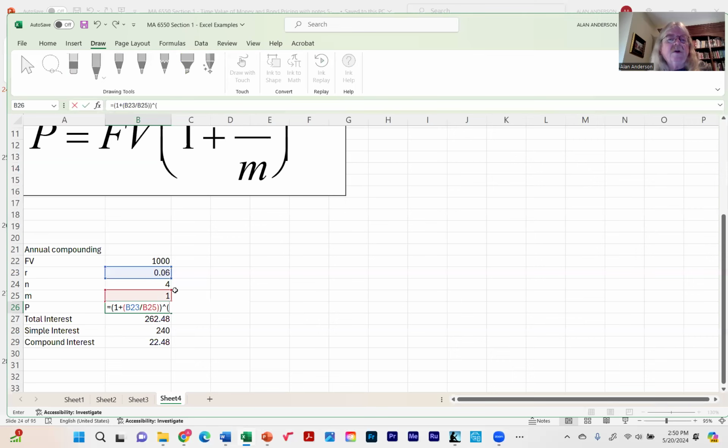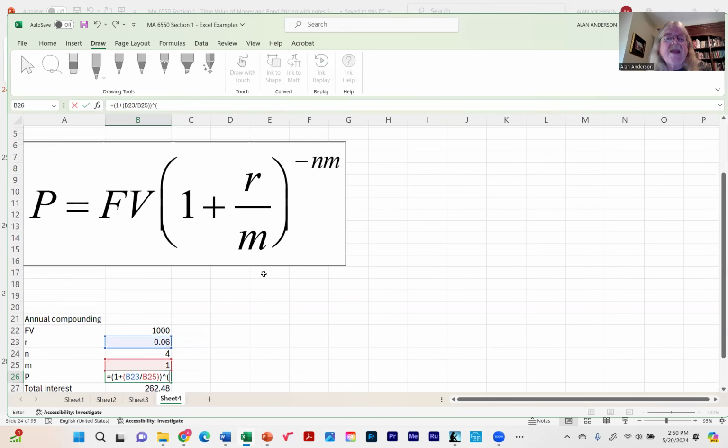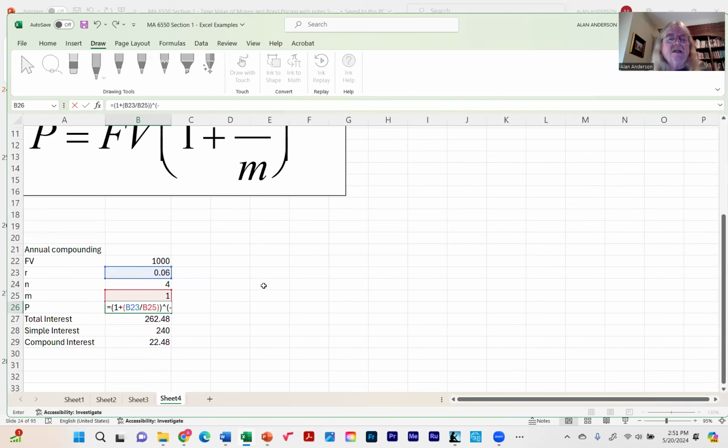The exponent is the ratio R over M, negative N times M rather. And this whole expression is now multiplied by the future value. And so I'll have here B22 times. There we go.